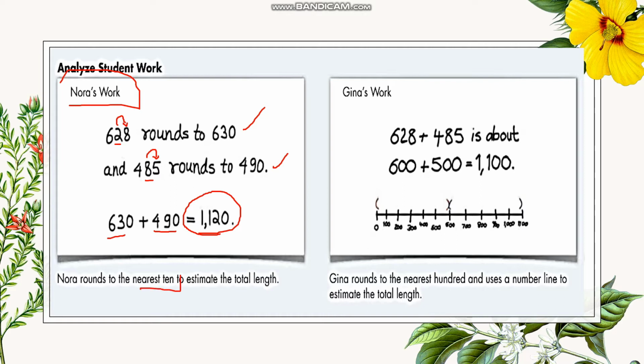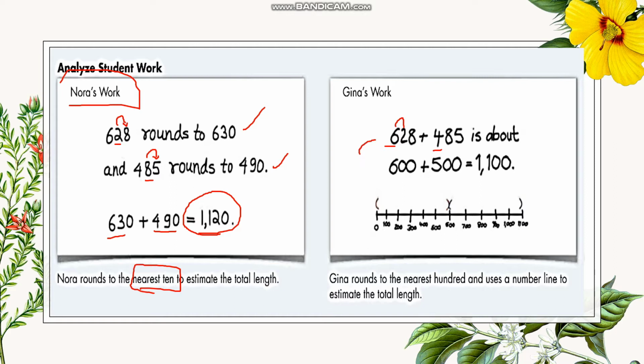nearest 10. Now, is it possible also to round to the nearest 100? Yes. The 100 place is 6 and the 100 place here is 4. So 6 is followed by 2, so it is less than 5. So if it is less than 5, no need to add. So 6 is the same and the rest of the digits to its right become 0.